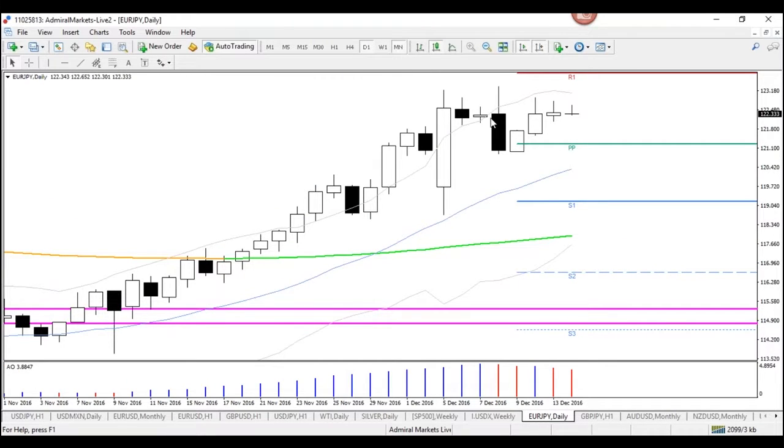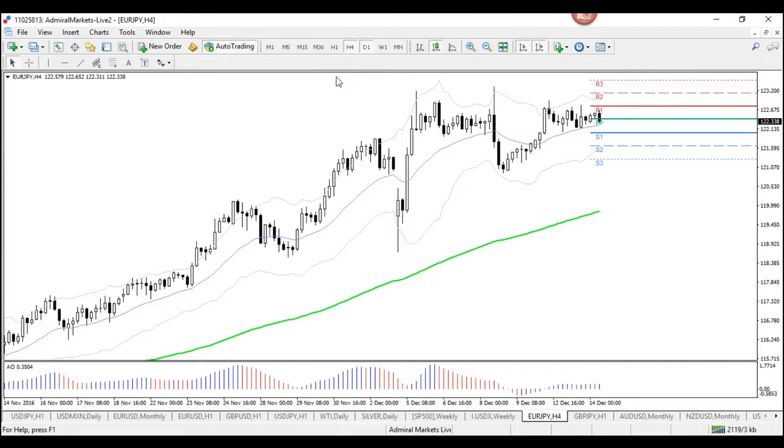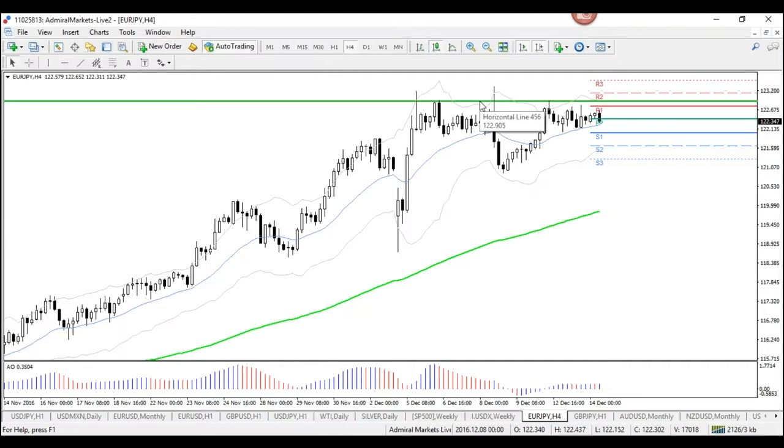Daily, this is a bearish candle, two bullish candles. Doji looks a bit shaky at this point. I would probably need to see a candle close above this top, this resistance level.